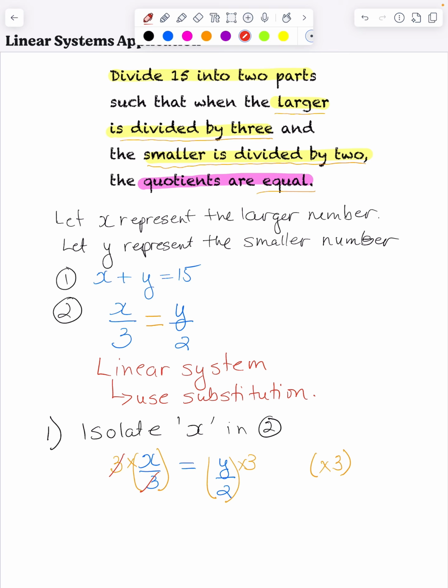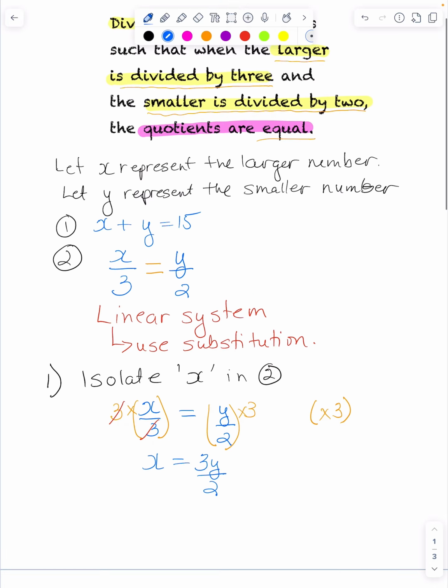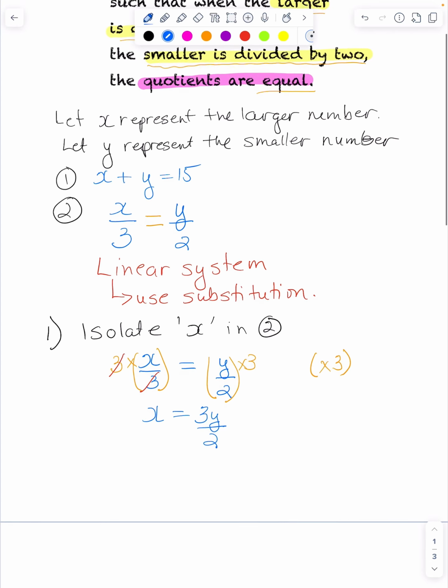They don't cancel, they reduce to 1. Then you get x on its own isolated, and on the right-hand side, you get 3y divided by 2. And this is what I'm going to substitute into equation number 1.